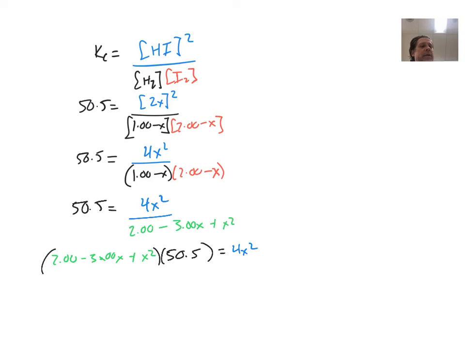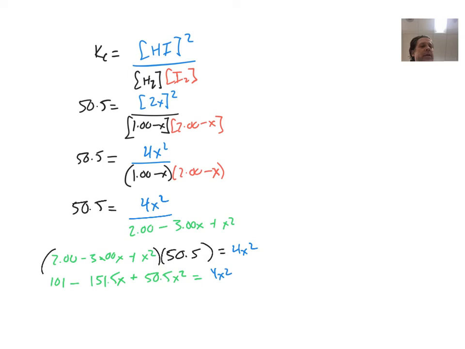I'm going to distribute that, and when I distribute that, I get 101 minus 151.5x plus 50.5x squared equals 4x squared.